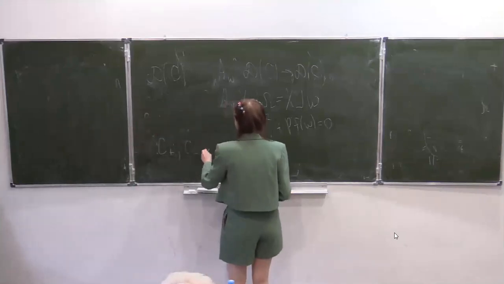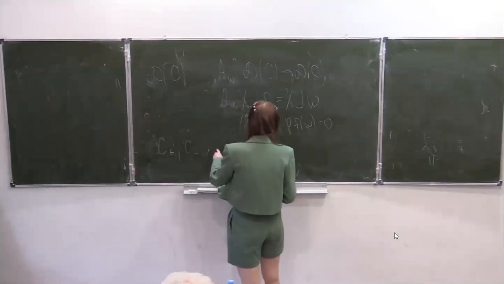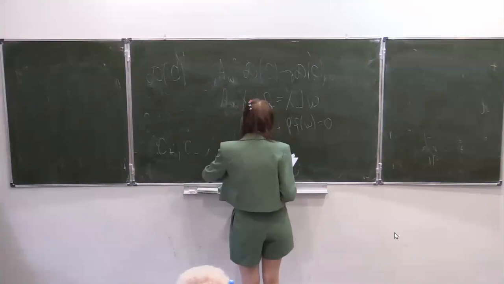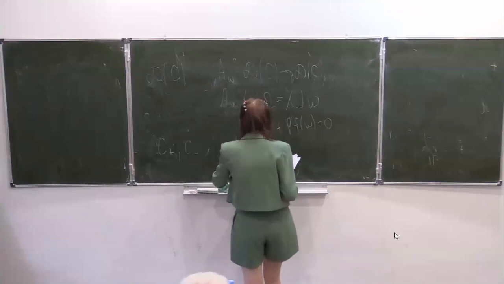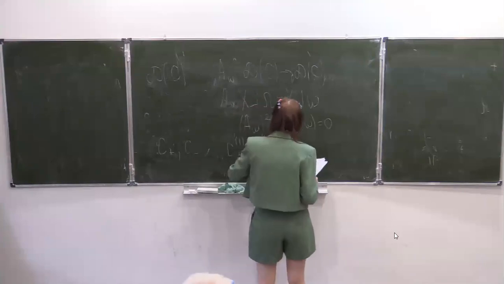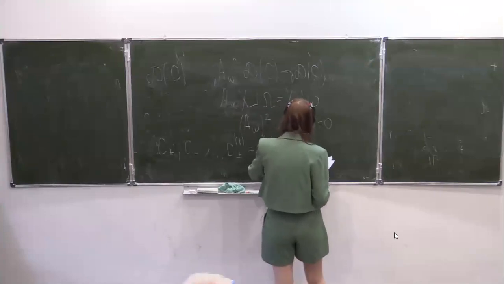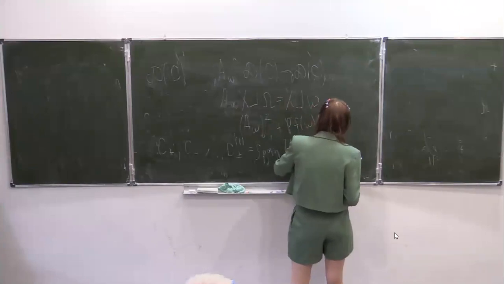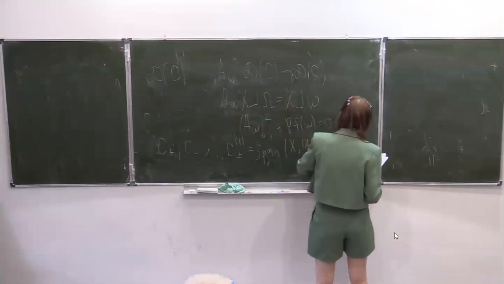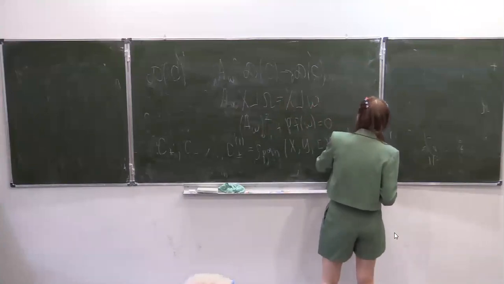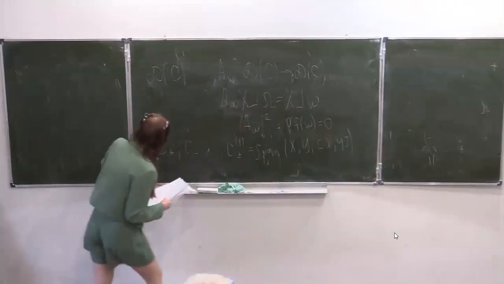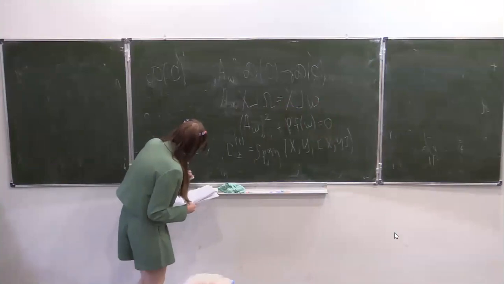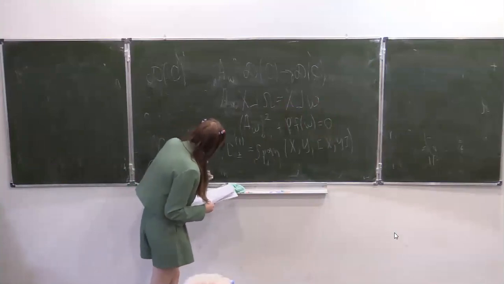And the first derivative distribution is defined like x, y, x, y. For example, x plus, x plus y plus.